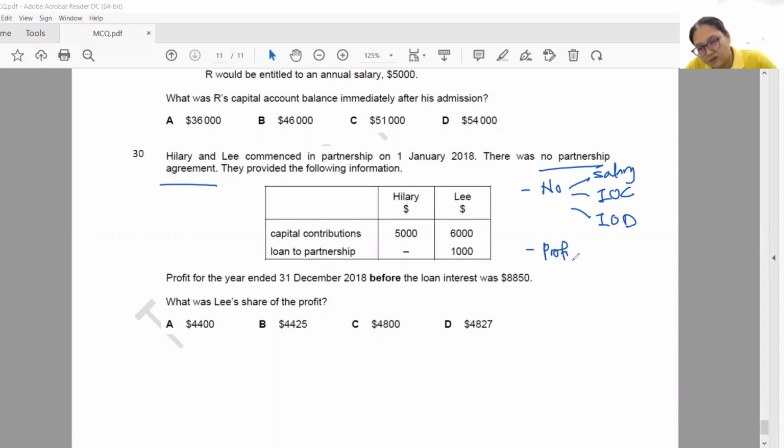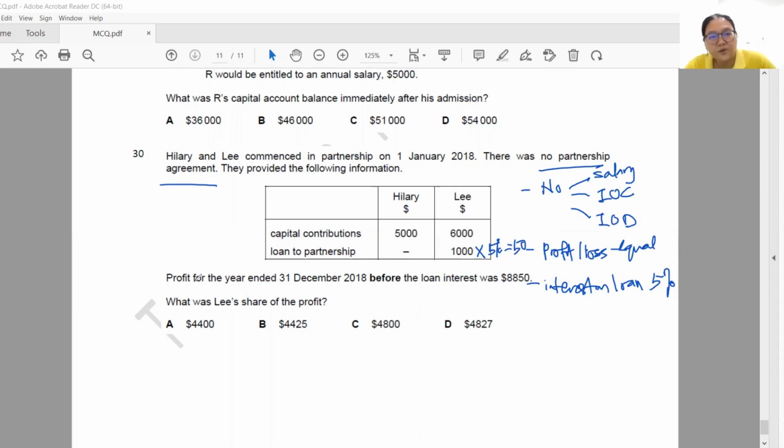Profit or losses are shared equally, and interest on loan is 5%. So here, the loan interest will be 5%, which is equal to 50.